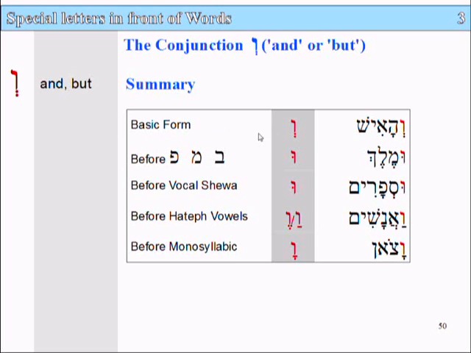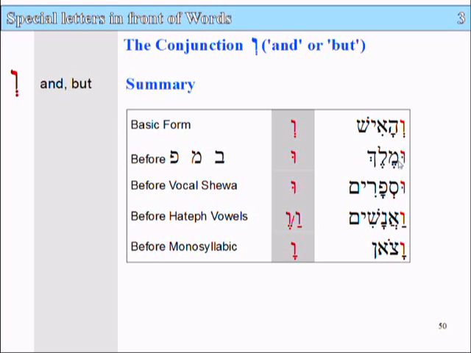For example, if we put it in front of the word ha'ish, we just have the vav with the vocal shva under it, two dots here. So it's just v'ha'ish. But if it's in front of a word beginning with the letters bet, mem, or pe, then it changes from a v sound to an u sound, a shurek.